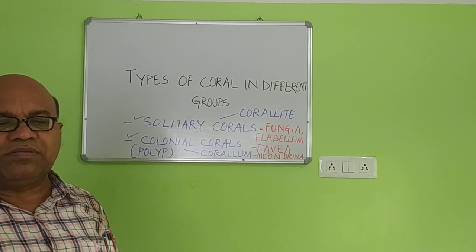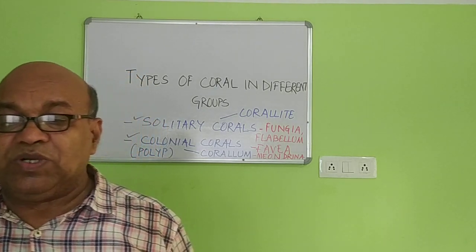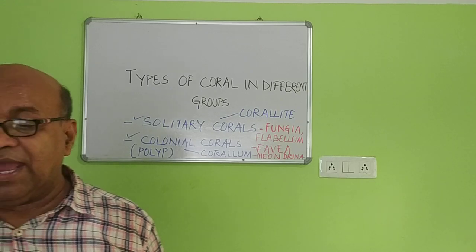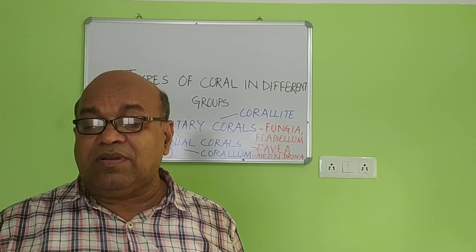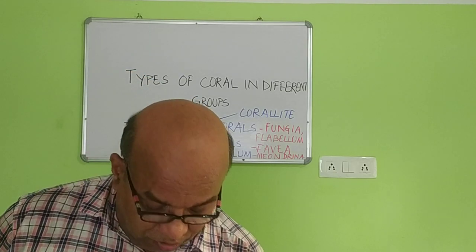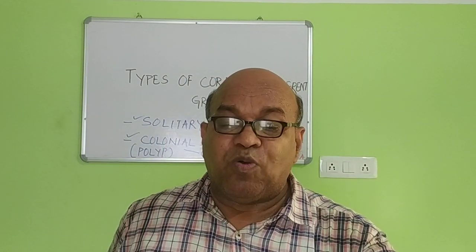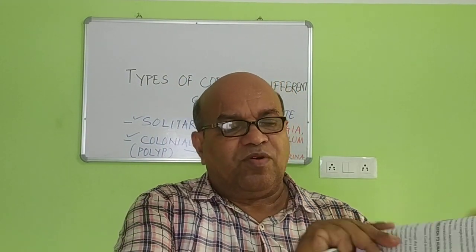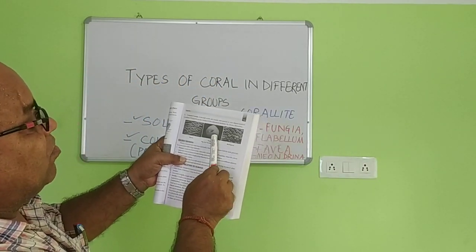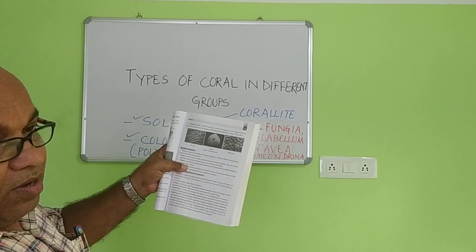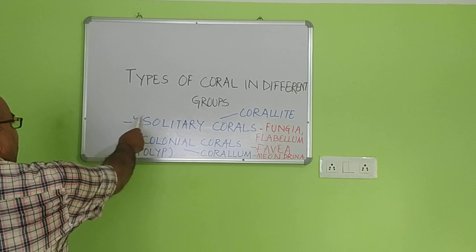After those, the three types of corals I already completed yesterday: the hydrozoan corals, octocorallian corals and hexacorallian corals. Let us look at the pictures in the book diagrams. This diagram which you have seen is called Fungia, and Fungia belongs under the solitary corals.